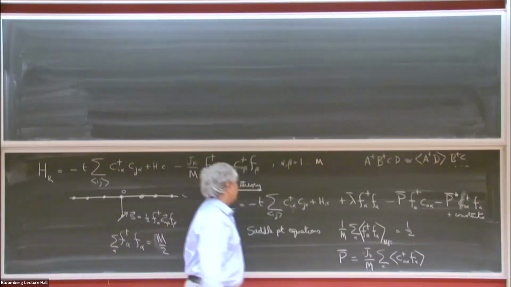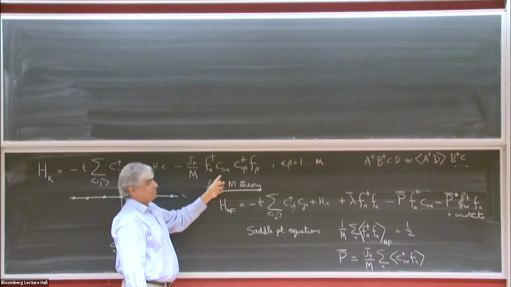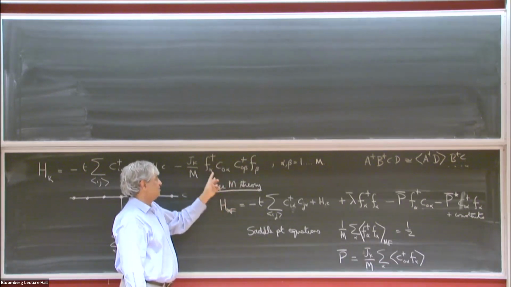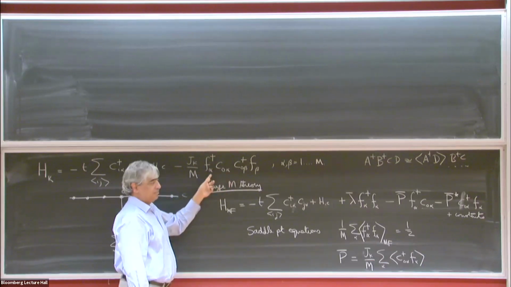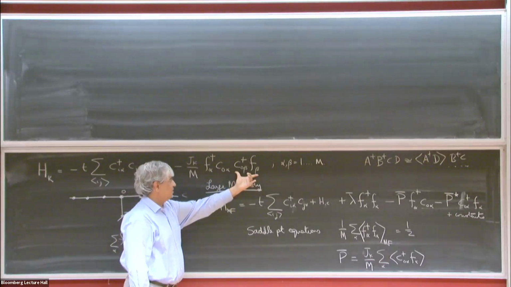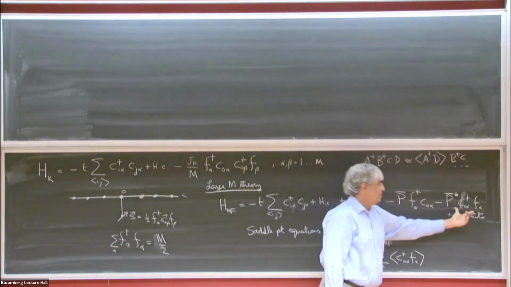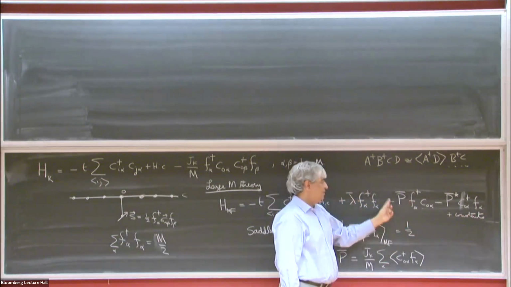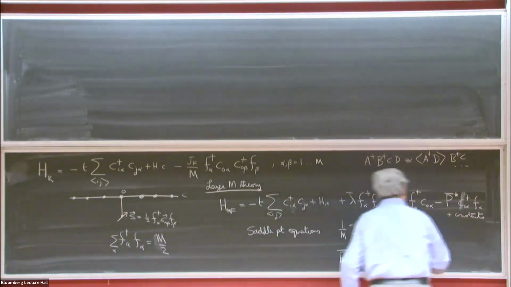So if you just do that here, and in fact only factorize in the f dagger c channel, which is what the large M limit tells you, since they have the common alpha index, that's the most important channel to factorize in. You factorize this and you get that, and if you take the expectation value you get these two terms here, and this coefficient p bar has to be determined self-consistently from the mean field Hamiltonian.